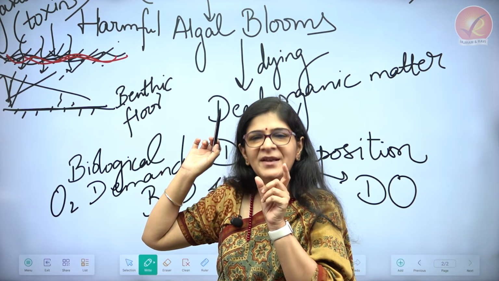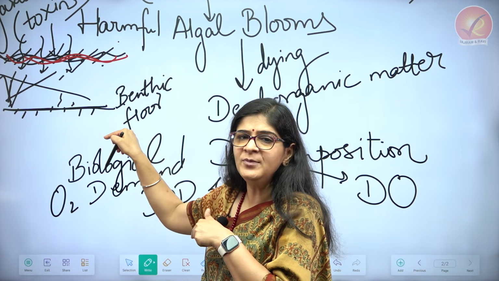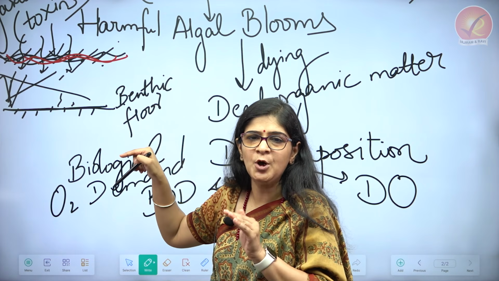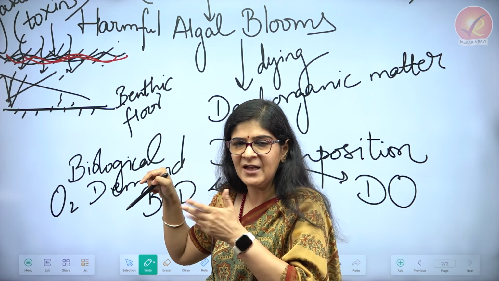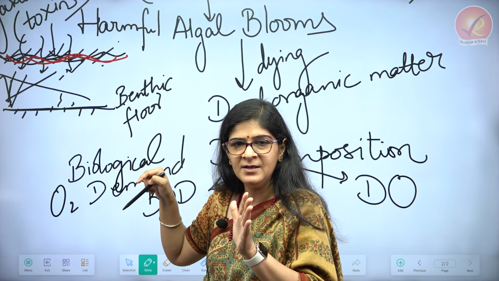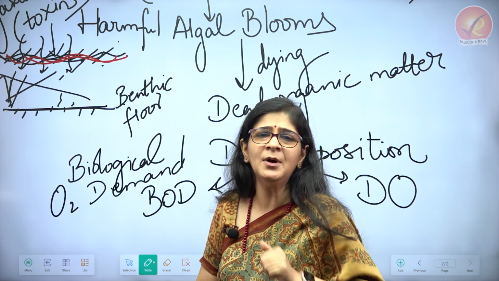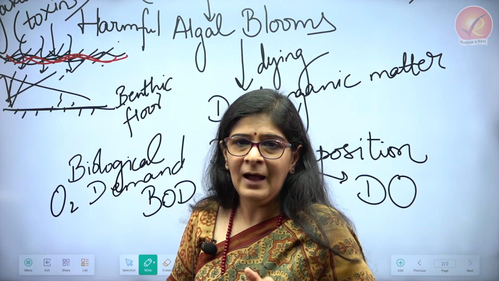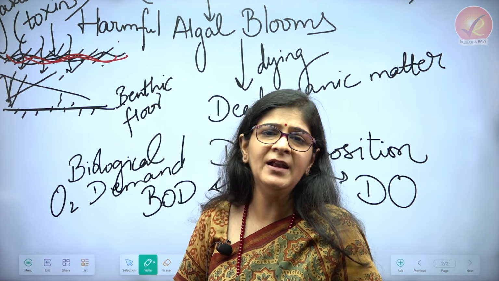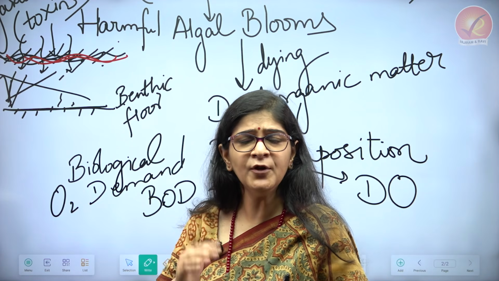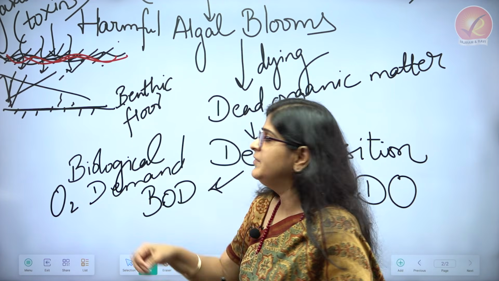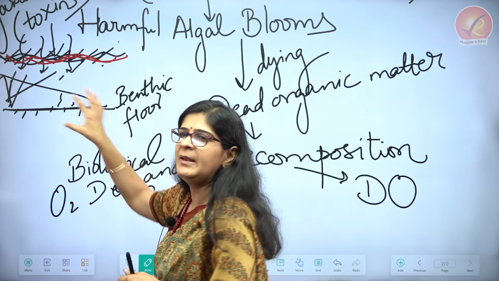So the oxygen replenishment of the water body from the atmosphere gets stopped as well once we have the harmful algal bloom. So DO had already started to come down, and that decline in the value of DO also became one of the factors contributing to the dying of the benthic vegetation.